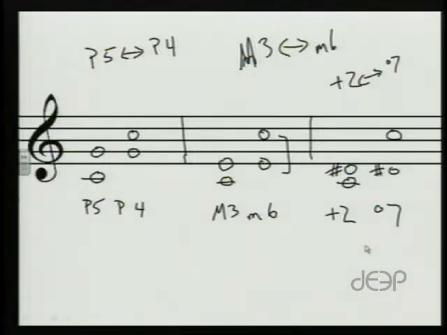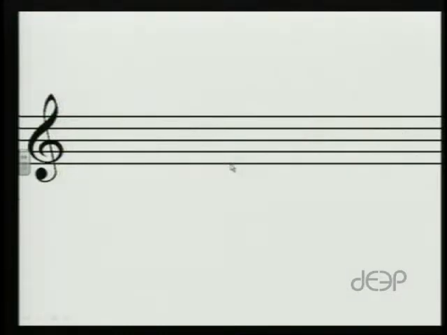Start to take a look at that, and I think you're going to begin to pull together a few really important precepts. Let's give them to you right now. In terms of the qualifiers, perfect intervals always invert to perfect intervals.